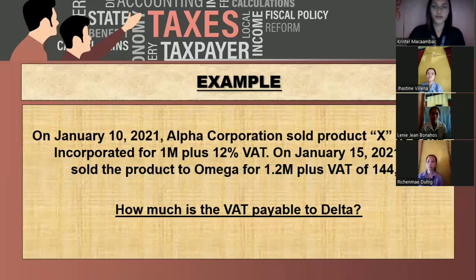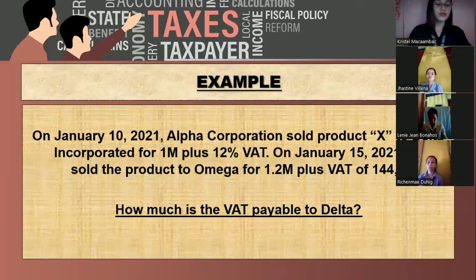So here, for the output VAT, Delta sold the product X to Omega Corporation for 1.2 million plus a VAT of 144,000. If we multiply 1,200,000 by 12%, we will get 144,000. And that will be the output VAT.